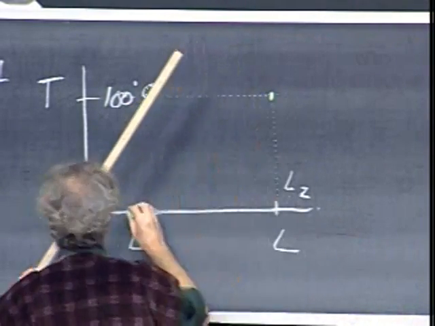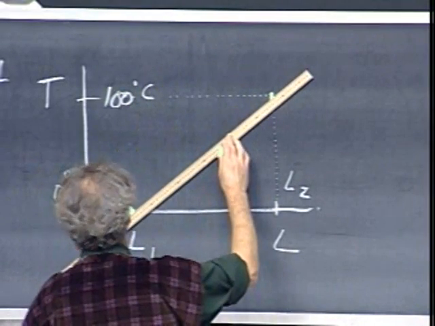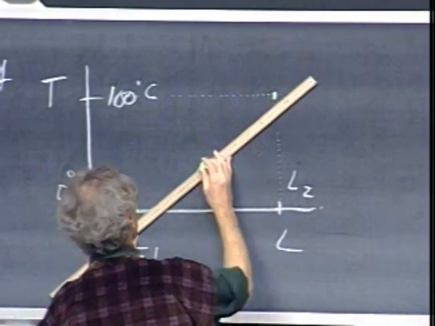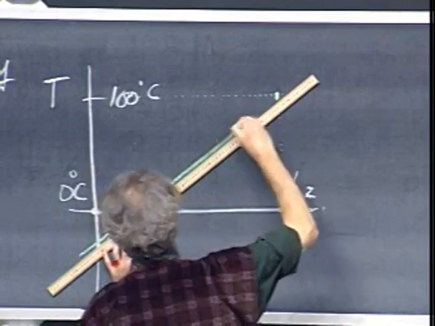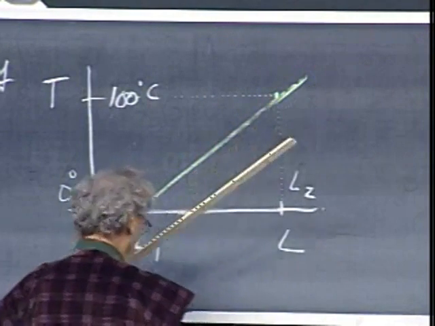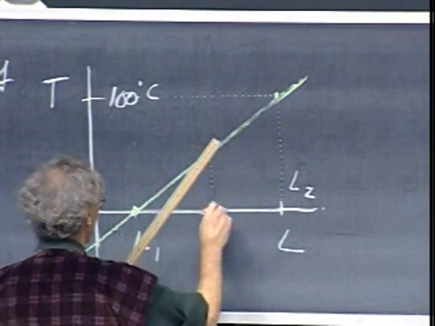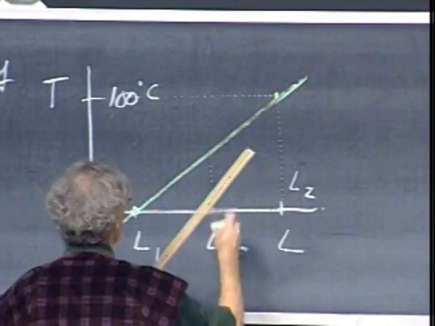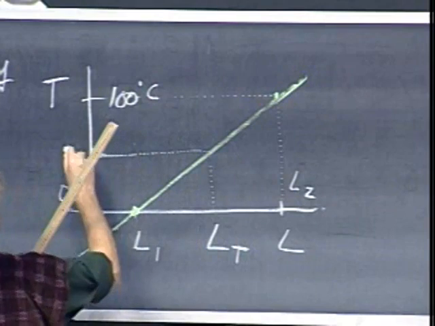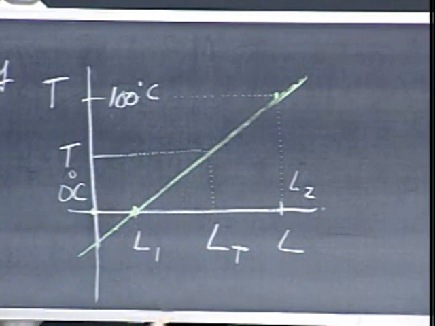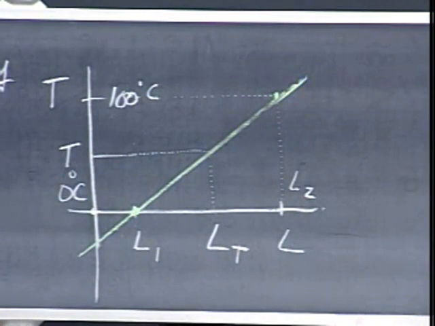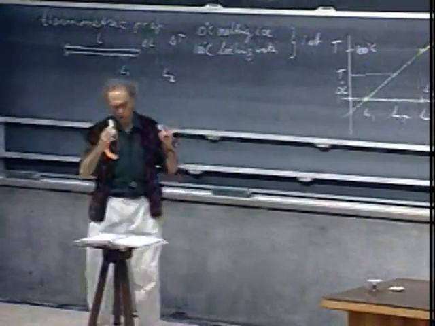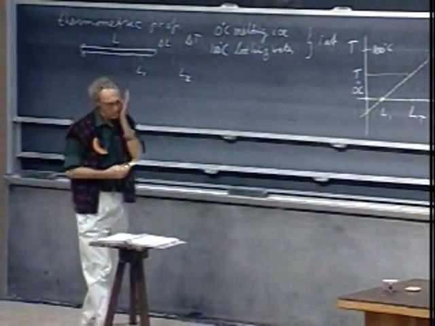You can define temperature by saying, if my bar has this length, L of T, then this would be the temperature. So you can introduce a linear scale in this fashion, and this thing, in principle, could act like a thermometer. I'll show you a demonstration of this shortly.